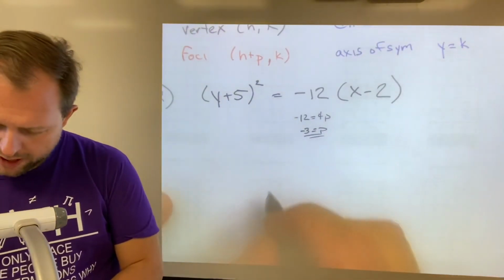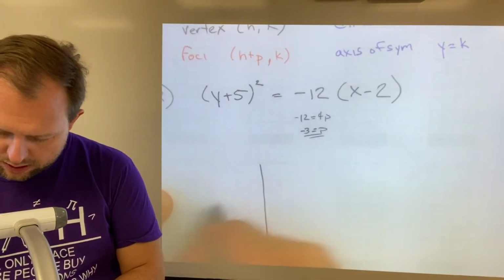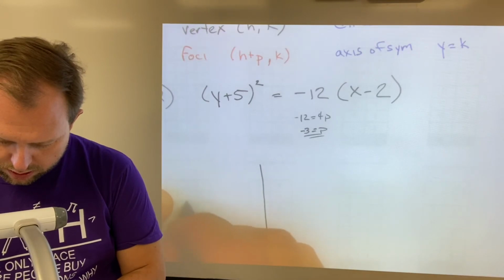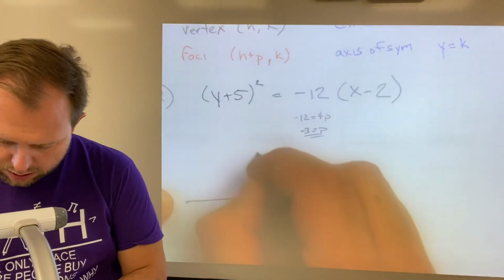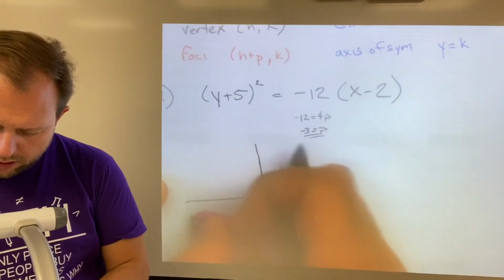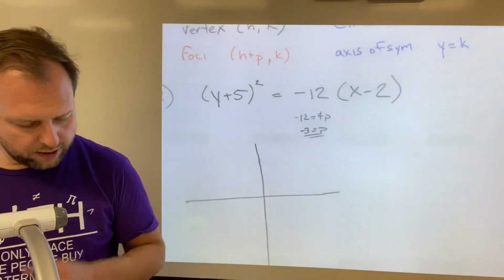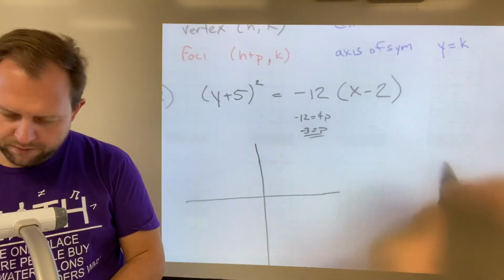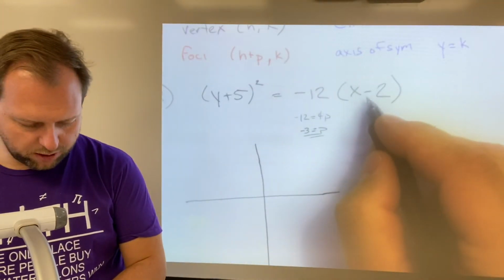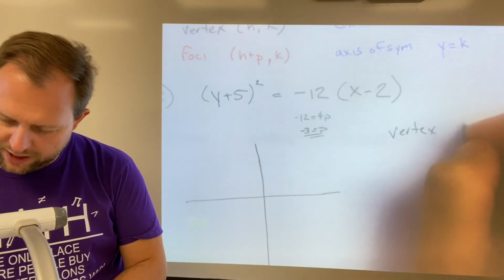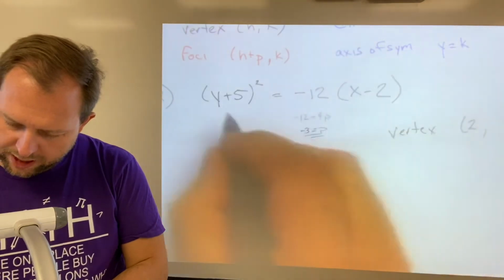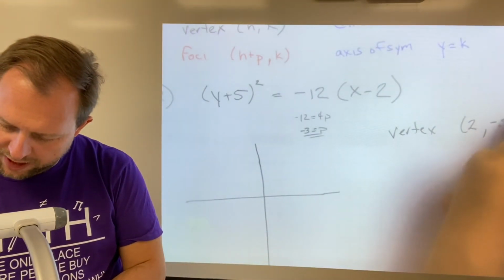So I'm going to draw in my axes. Okay, and we'll start putting in parts. Our vertex is going to be the x term first, so it is the opposite of a negative 2. So it's 2, and opposite of a plus 5, so negative 5.